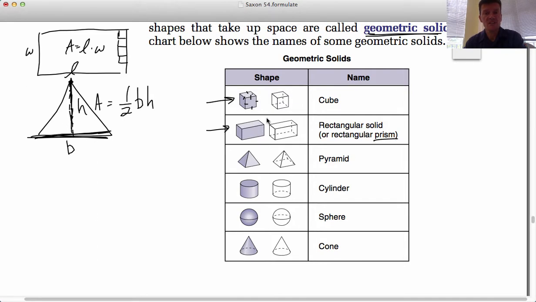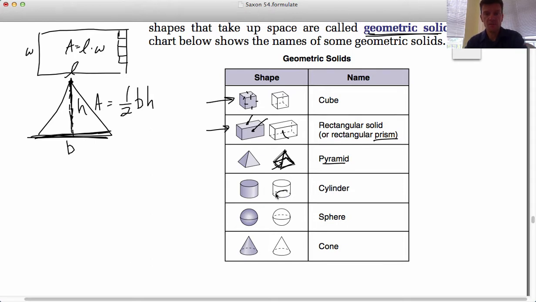Notice it's got rectangles for many of its faces. A pyramid is going to have a base, and by the way, that base might be a square, a triangle, or a rectangle, but then off of the different sides of the base, you have triangles that all come up to the same point.